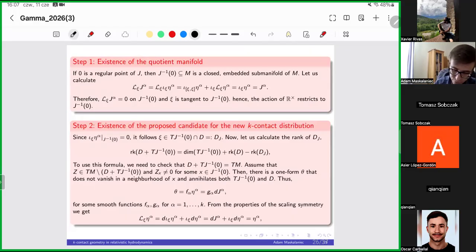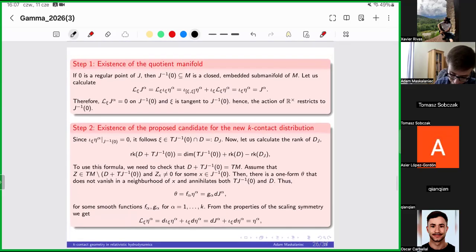And it turns out that for the scaling symmetry, the Lie derivative of the momentum map is again the momentum map. So psi is tangent to the level set of the momentum map only if this level set corresponds to the value 0, okay?